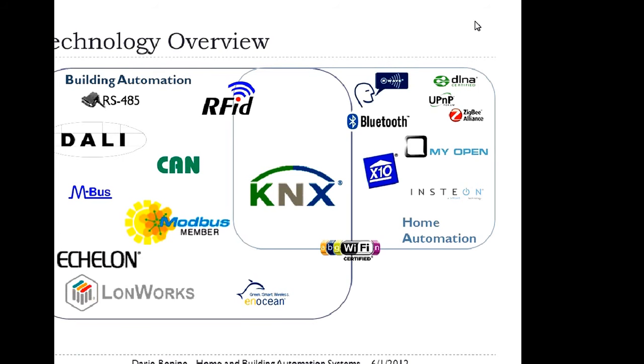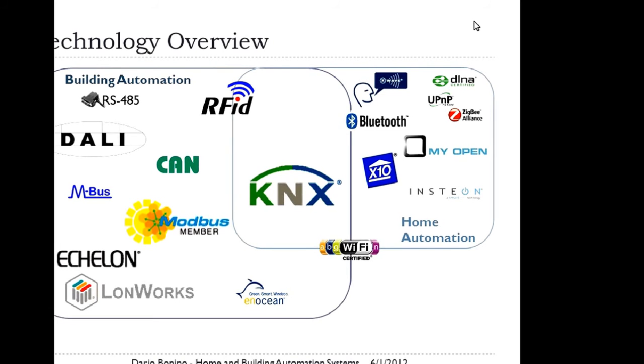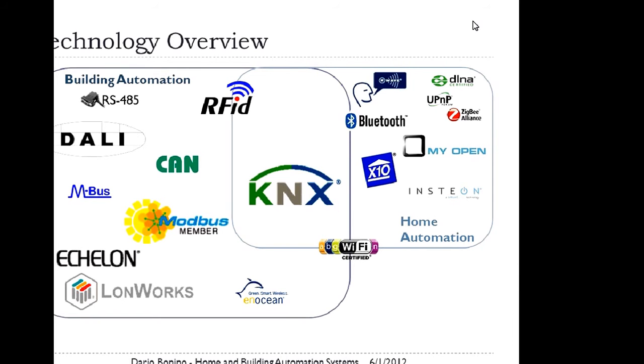MBus is a bus specifically designed for providing metering information. Modbus is a kind of bridge allowing to transfer data between different subsystems and also to provide some automation capability. Basically, it stems from the older PLC programming in the industry, and it's the de facto standard in the industry, one of the de facto standards.